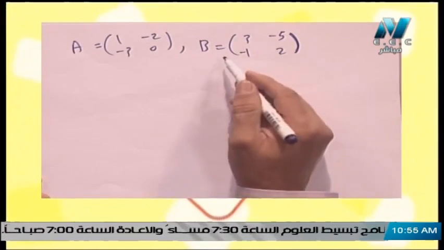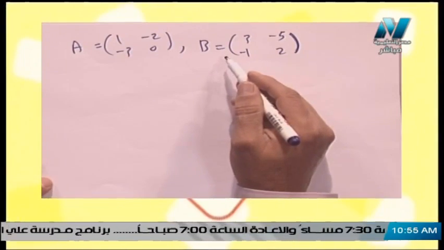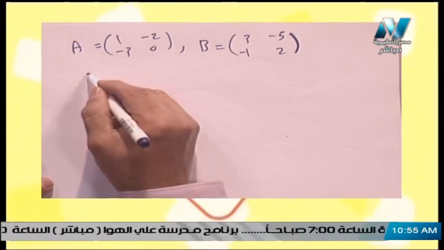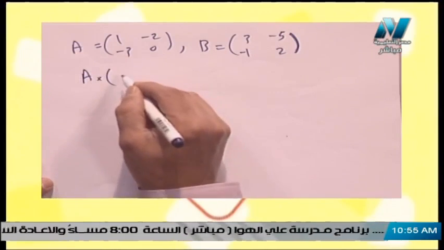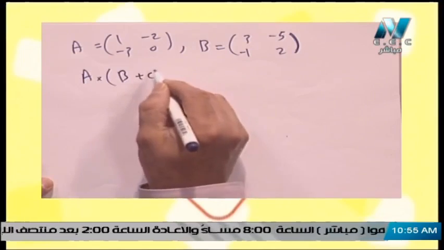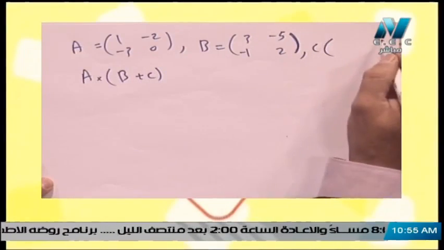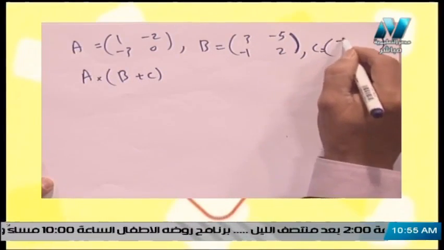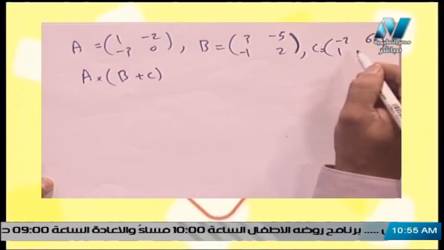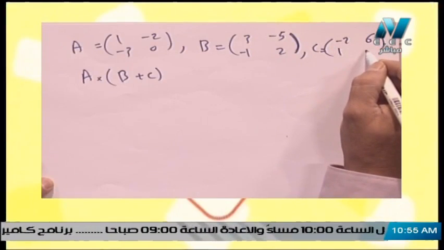We have A and B like that, and we will find A multiplied by B plus C, and we have also a matrix C equals negative 2, 6 and 1, negative 1.